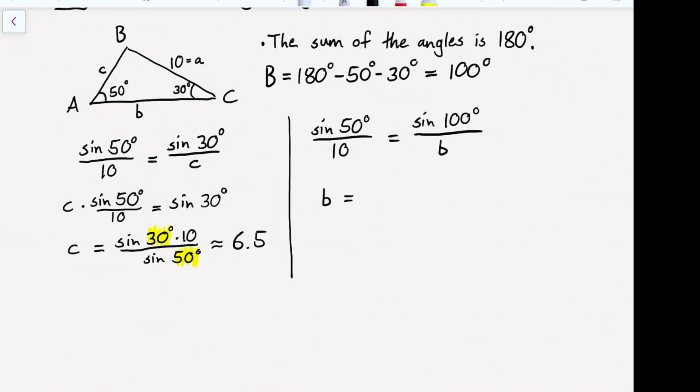Once again, through some multiplication and division, I end up with this equation for little b. b equals sine of 100 times 10 divided by sine of 50. Once again, I'm using a graphing calculator to get this value, and it is approximately equal to 12.9. So we've just solved the triangle.